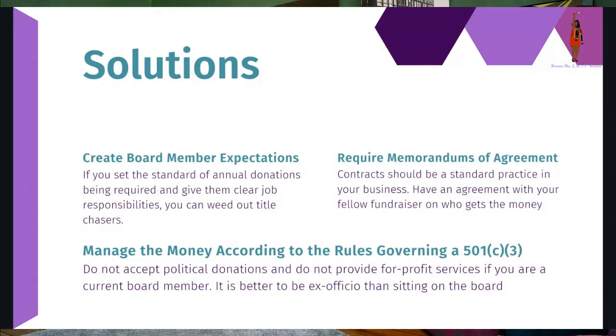And for 501c3s with a board of directors, this is not like a foundation where you can afford to pay for different roles if you achieve a grant. This is for the board of directors and their roles as vice president, as treasurer, as someone who does those things. They're not supposed to get paid for the things that they do. If you want to pay your board members, you need to consider making them ex-officio board members, rather than putting them on a board, or tell them to be general members.